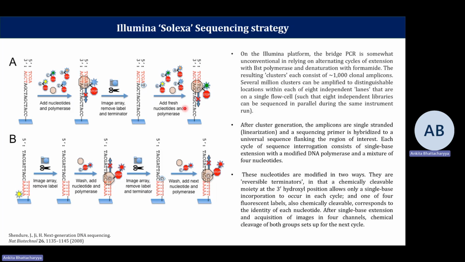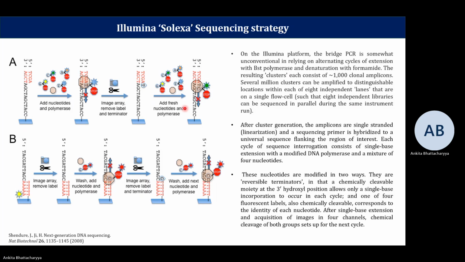Along with it, one of the four fluorescent labels would also be present, which is also chemically cleavable, and that corresponds to the identity of the nucleotide which has gotten incorporated. After there is one base extension and the image has been acquired in all four channels, you will be able to detect which among A, T, G, or C has gotten incorporated.